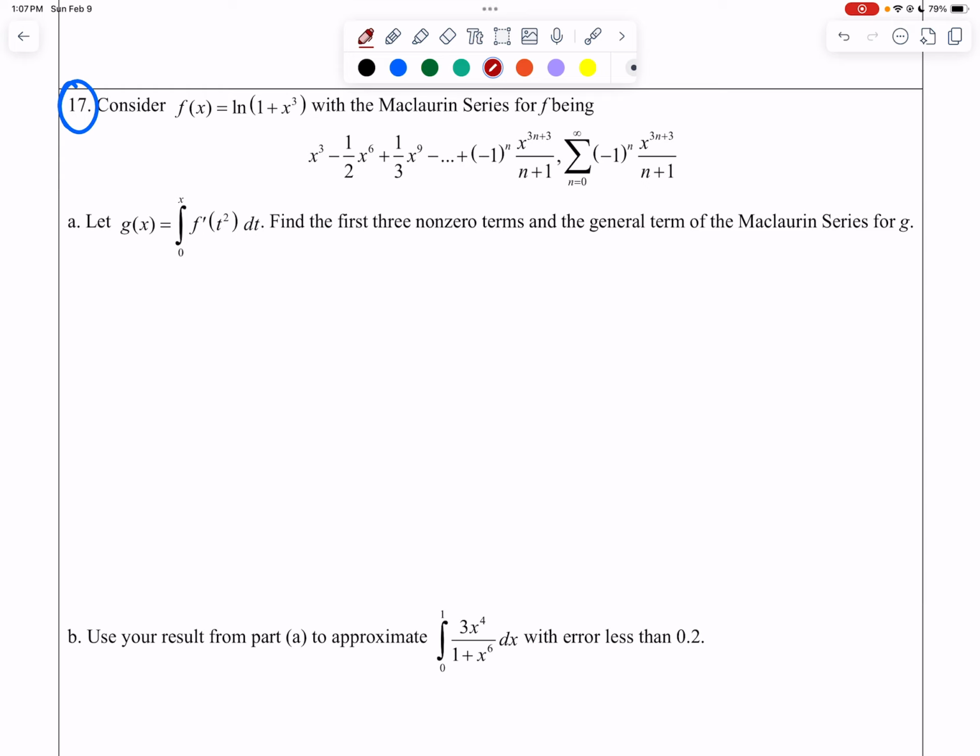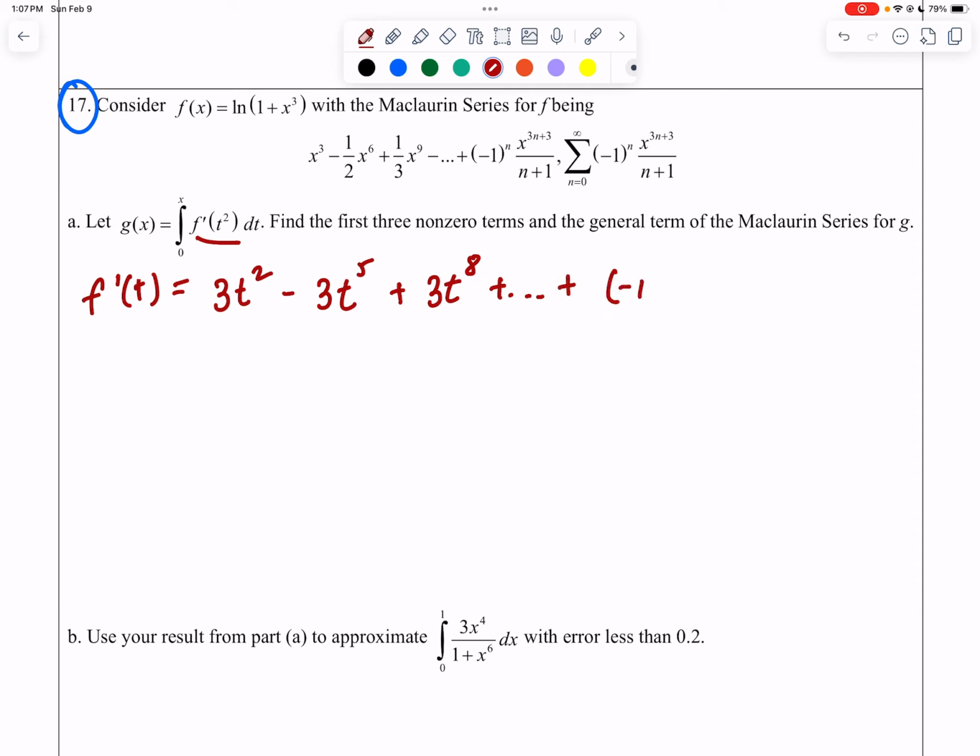Okay, so what we are going to do is build this by taking the derivative first, since this is the derivative. Now this is f prime of t, so if I were to build this, I'm going to get 3t squared minus 3t to the 5th plus 3t to the 8th.